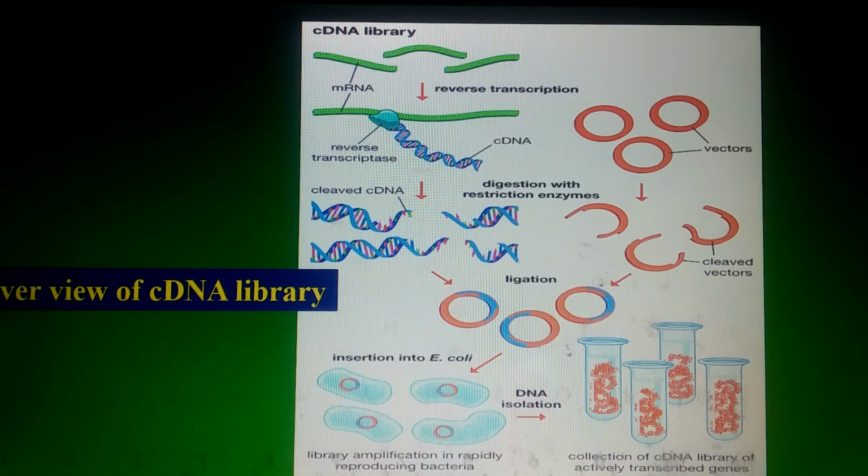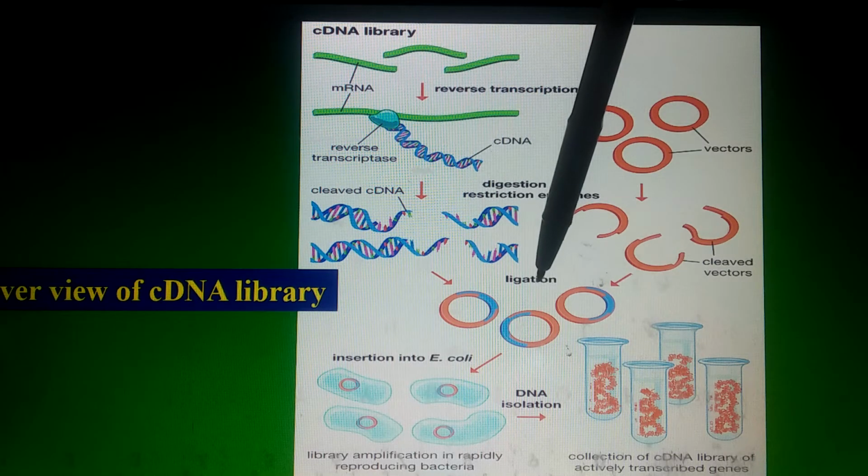First of all, you can see here the messenger RNA. This messenger RNA, with the help of reverse transcriptase, is converted into the cDNA. Then this cDNA, along with the vector in which the cDNA is cloned, is digested with the restriction enzyme.